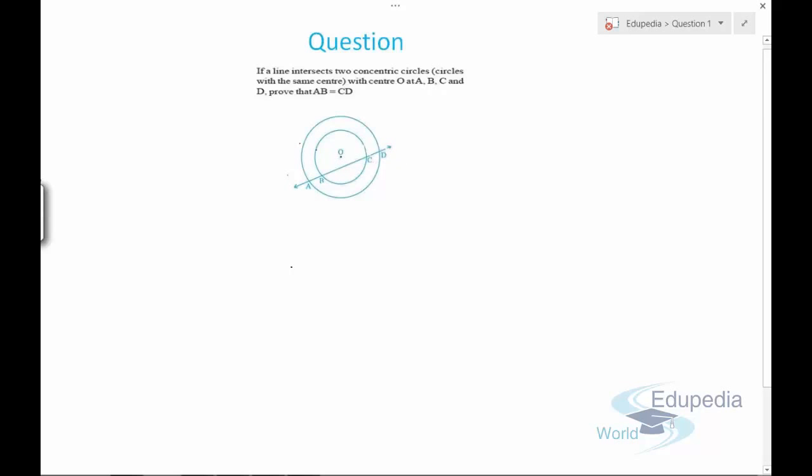Now if we draw a perpendicular from O to this chord, as we know, when we draw a perpendicular from the center to a chord, it bisects the chord. So let's say this is M. Now we can say that BM equals MC if we take BC as chord.